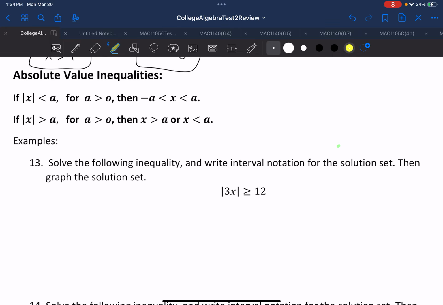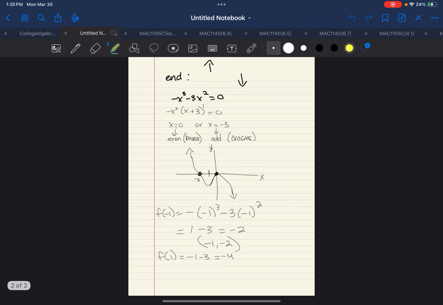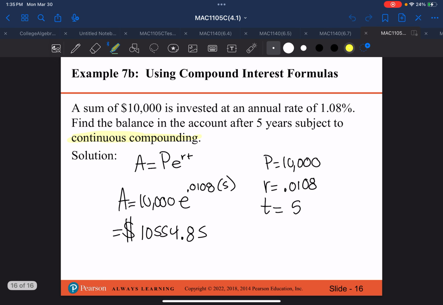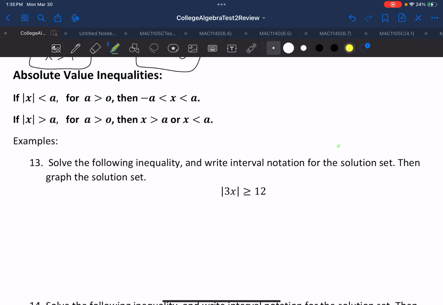So if, and you can put these on your flashcard, by the way. So the first one is if we have the absolute value of x less than a number a, and that number would be positive.